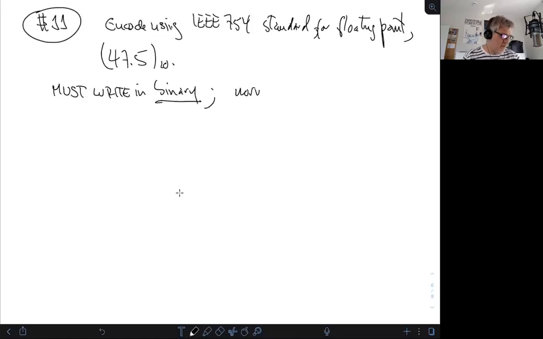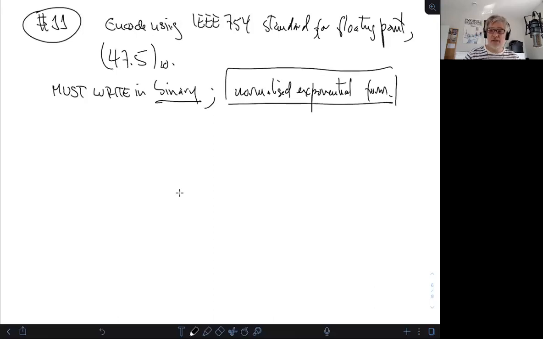That's the key thing. In binary, not in decimal. Okay, so let's write 47.5 in binary.